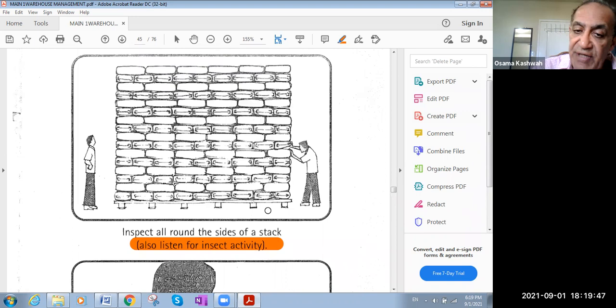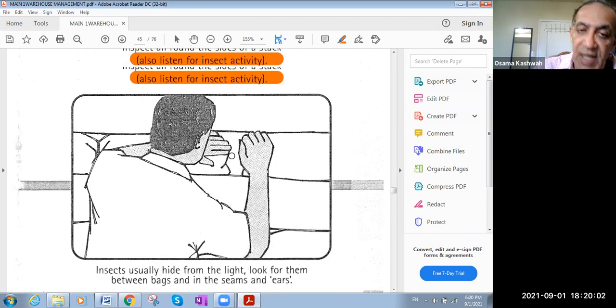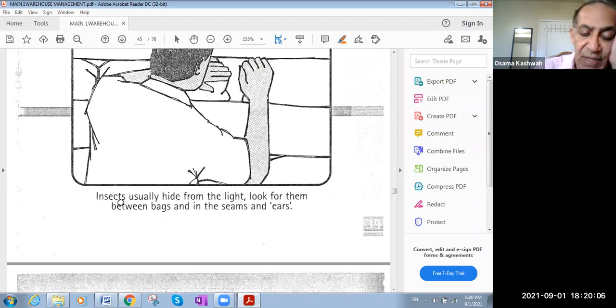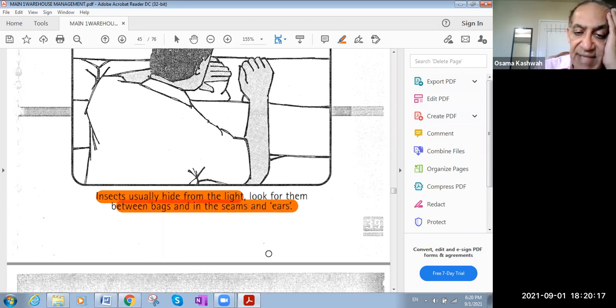So you check from the sides also, and listen carefully. Insects usually hide from the light. Look for them between bags and in the seams and ears.